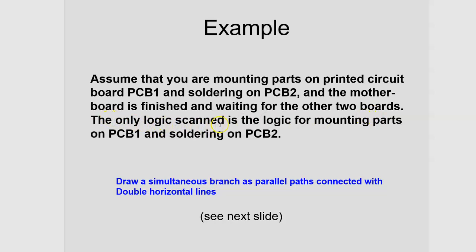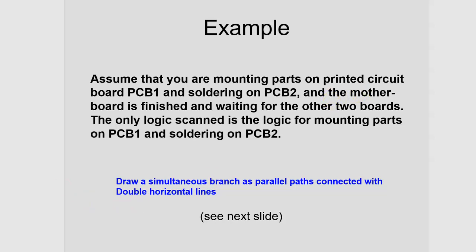The only logic scan is the logic for mounting parts on PCB1 and PCB2, and the reason for that is the motherboard is already done. It already went through the steps to create the motherboard. So you can think of three branches, three steps, three sequences. Well, that third one, the motherboard, is already done, so it's going to wait. It's not going to transition. It's just going to wait until the other two branches, the other two events, are true.